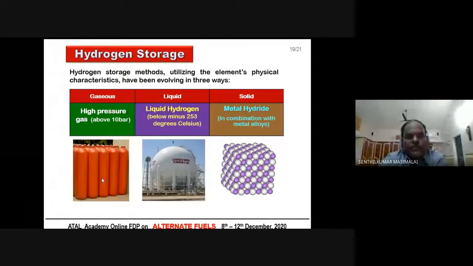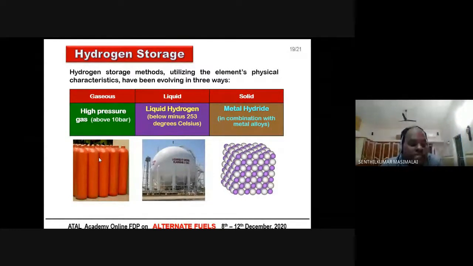But if you want to travel 300 or 400 kilometers with hydrogen, you must have hydrogen compressed at very high pressure, more than 200 bar. So you have to compress the hydrogen and store it in specially made containers with thick-walled cylinders, to have sufficient energy for traveling a certain distance.